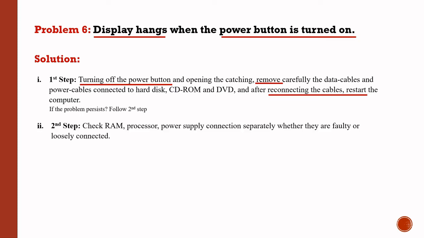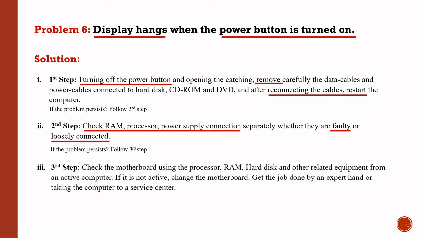We have to check the RAM, processor, and power supply connections separately, whether they are faulty or loosely connected. If they are faulty, we have to replace them. If loosely connected, we have to connect them tightly. After checking, replacing and connecting tightly, if it is not solved, we have another step.